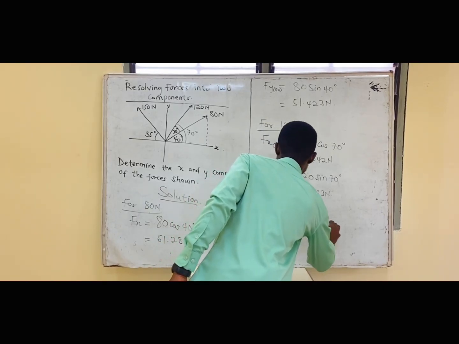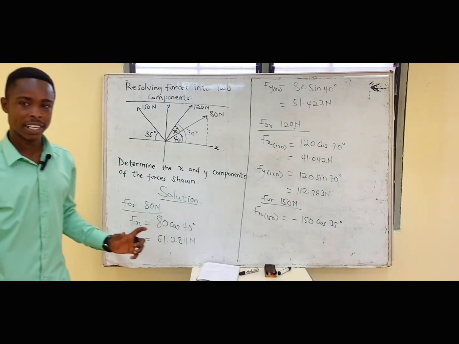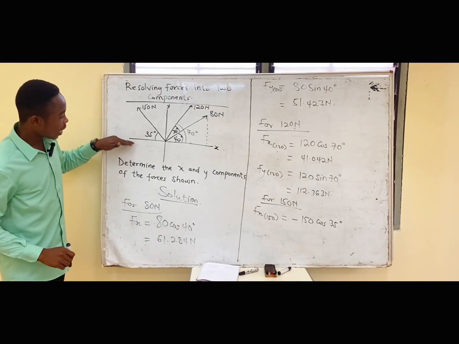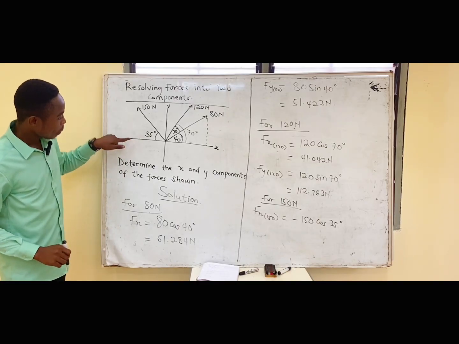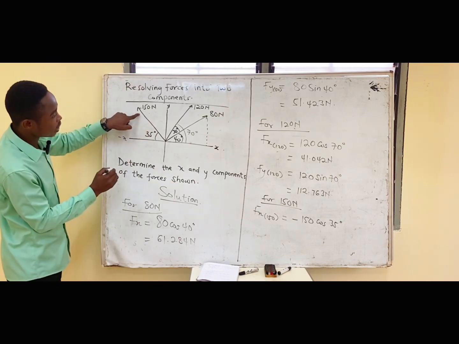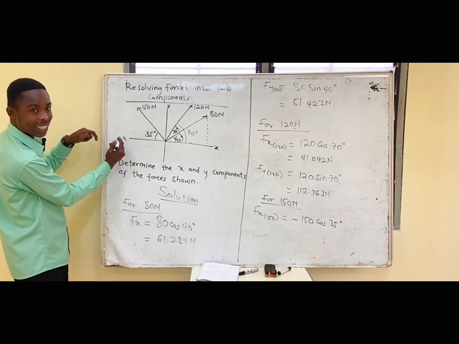150 cos 35 degrees. Why negative? The reason being that this particular axis is the negative x-axis. So when we resolve this 150 Newton, it will lie on the negative x-axis.